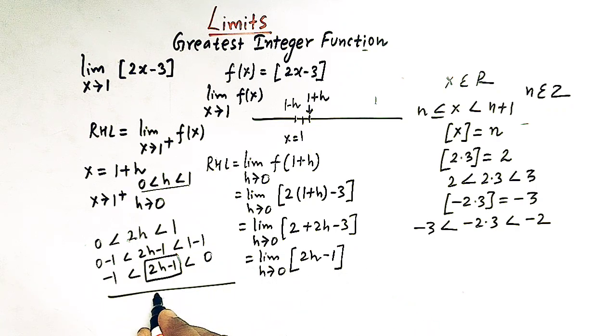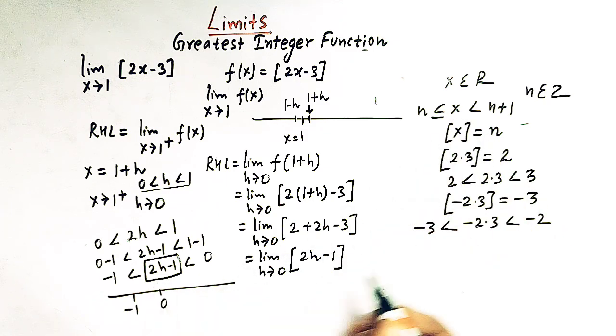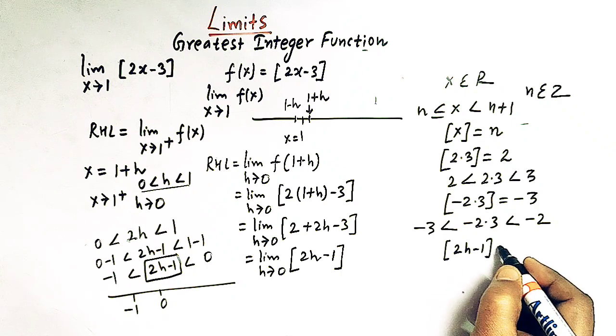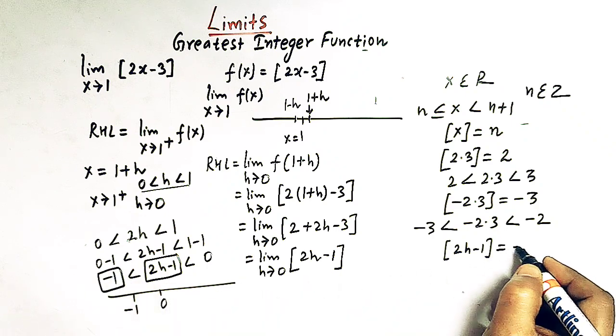On the real number line, with 0 and minus 1, the quantity 2h minus 1 lies somewhere between minus 1 and 0. So by the definition of the greatest integer function, the value of greatest integer of 2h minus 1 should be equal to minus 1.